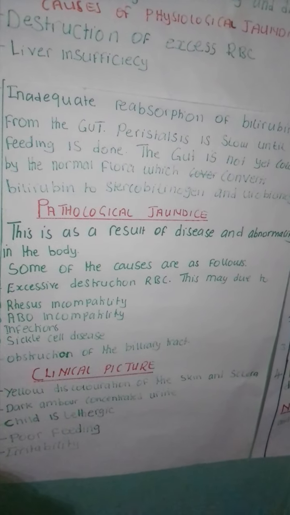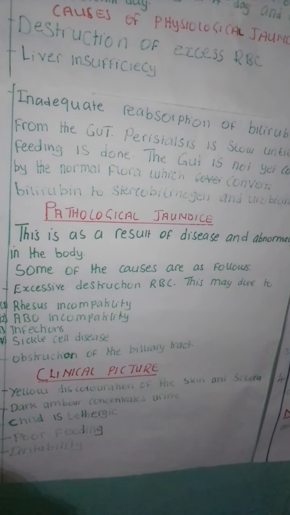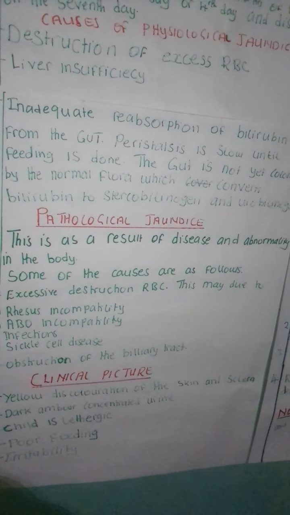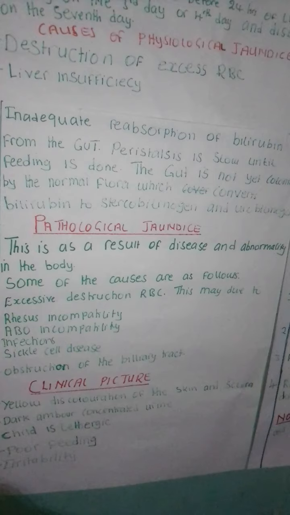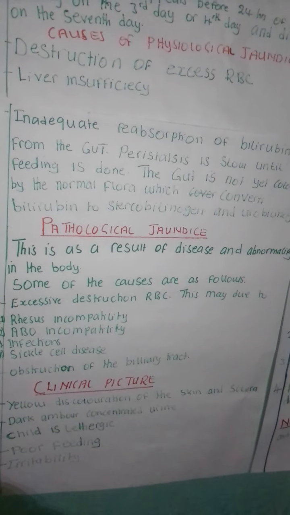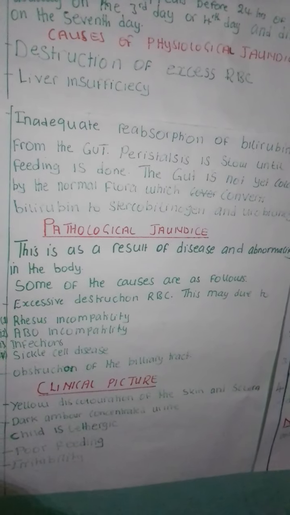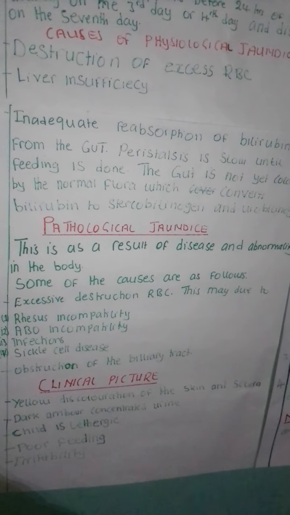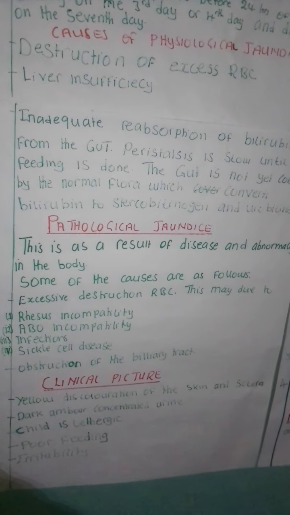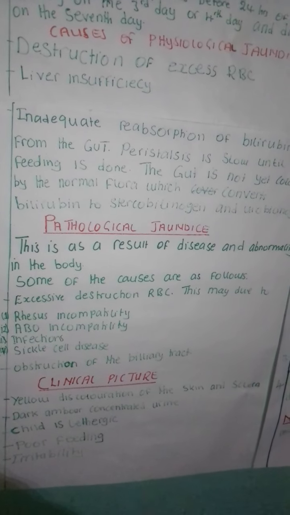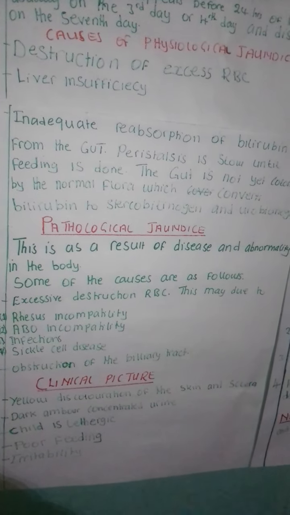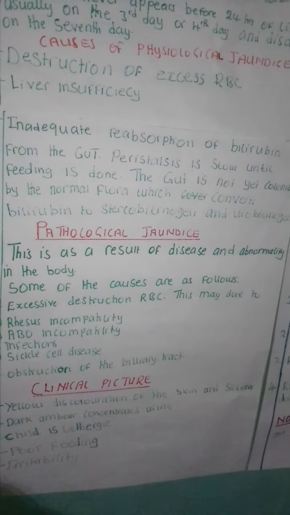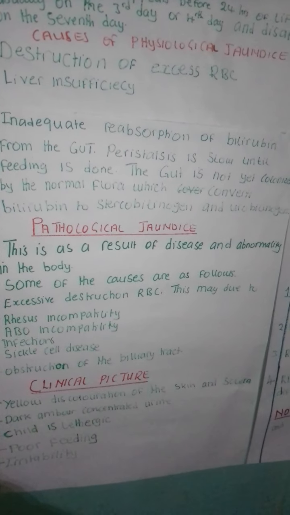There could be rhesus factor incompatibility: the baby is rhesus positive and the mother is rhesus negative. Then there is ABO incompatibility, infection, sickle cell disease, and obstruction of the biliary tract. These can be some of the causes of pathological jaundice.